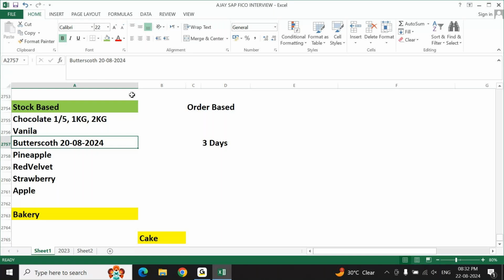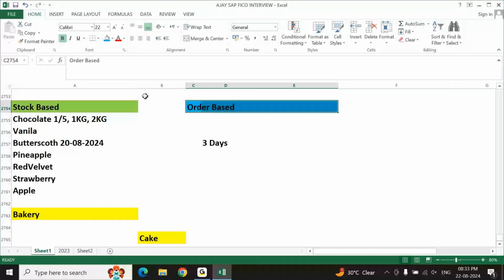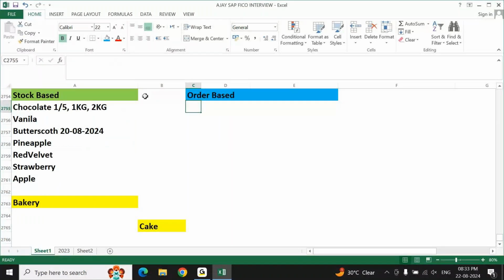Now similarly, when I'm talking about order based cake, let's say there is an occasion. Somebody is celebrating 25 years, or somebody is celebrating 50 years, or some kind of SAP go live is happening. Everybody knows for every SAP go live there is a cake cutting.